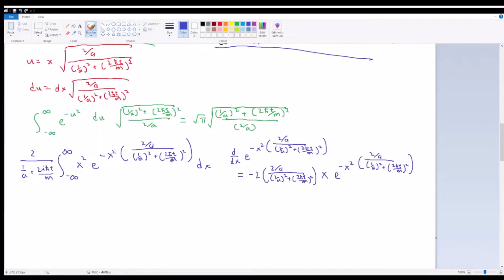So we can rewrite this as 2 over 1 over a plus 2i h bar t over m, and then we have this extra term at the front, so what is this going to be?